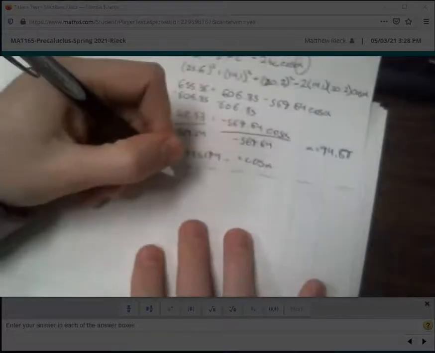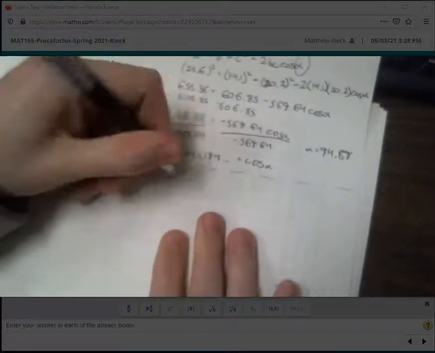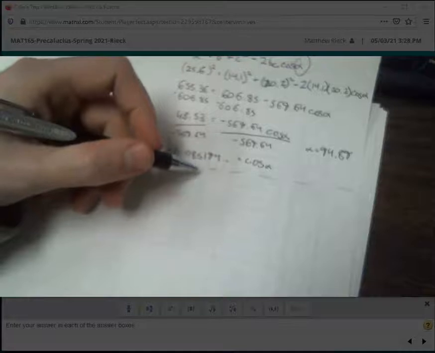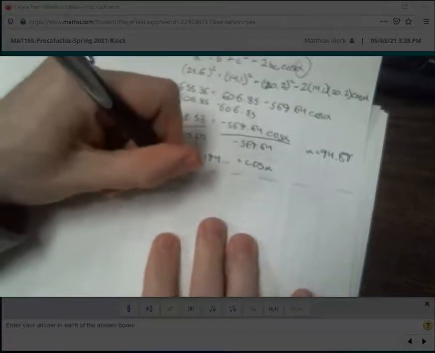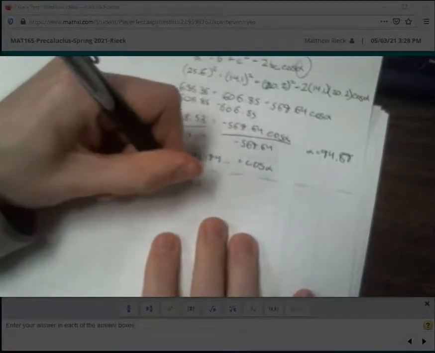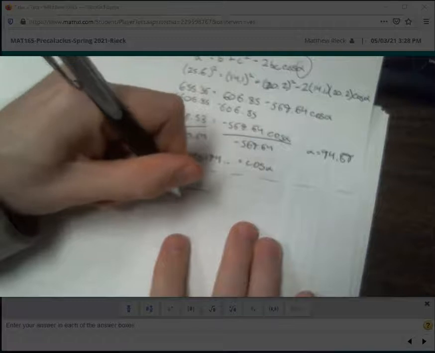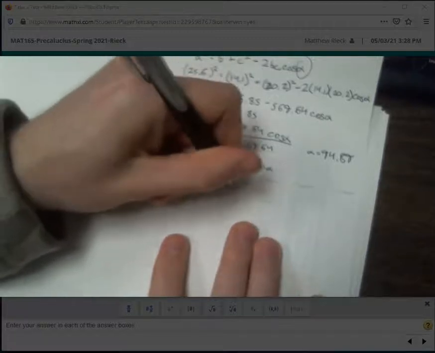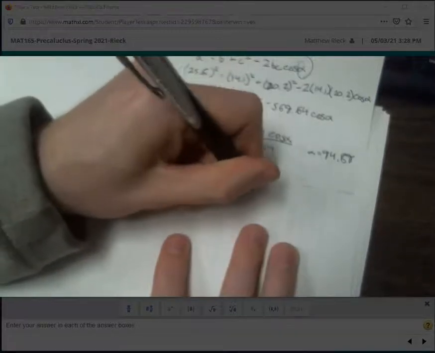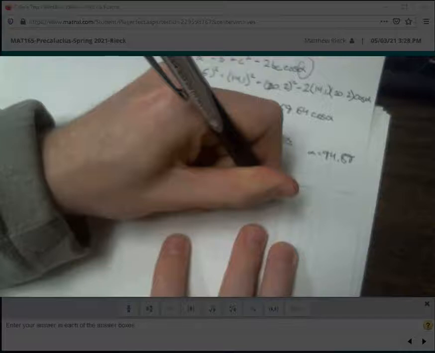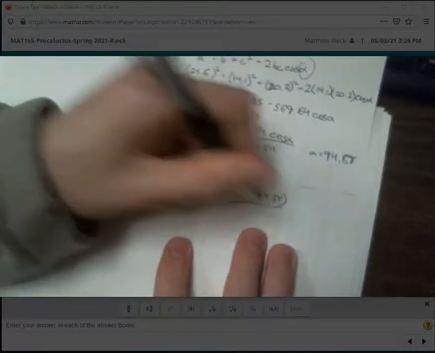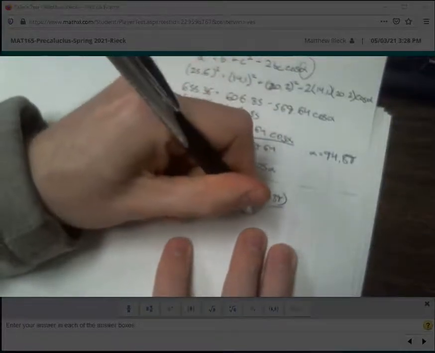Once you have one of your angles, then you can use the law of sines to find another angle. So I'll just use the law of sines to find my angle beta. All right, so we have sine of beta over side B, which is 14.1, is going to be the same as the sine of alpha, which is 94.89, over side A, which is 25.6.